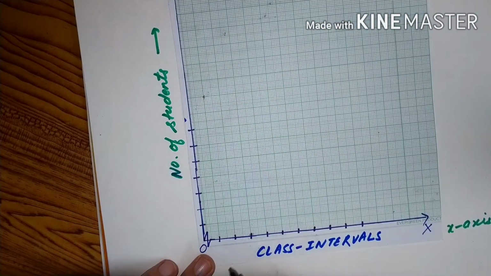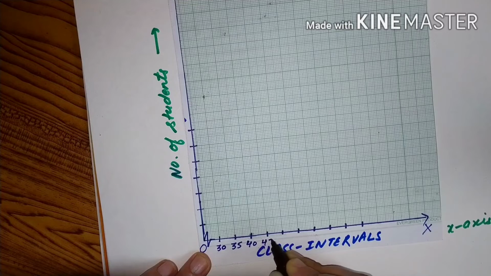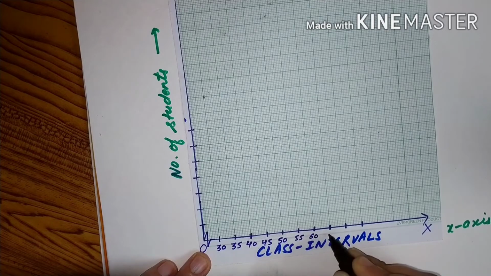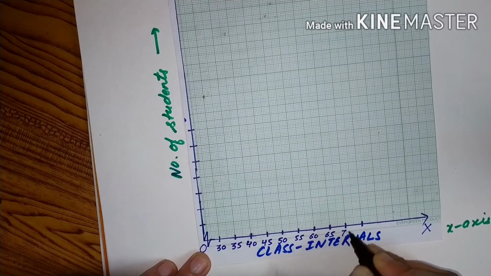Now as you know, the class intervals start from 30 to 35, but the gap is here of 5. So we will write here 30, 35, 40, 45, 50, 55, 60, 65, then 70.